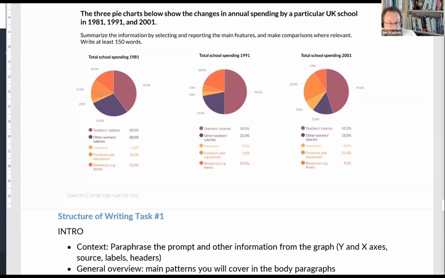Because there's not too much that you can say about the furniture and equipment and resources, because there is no pattern. It just looks very random. Not much you can say about it.